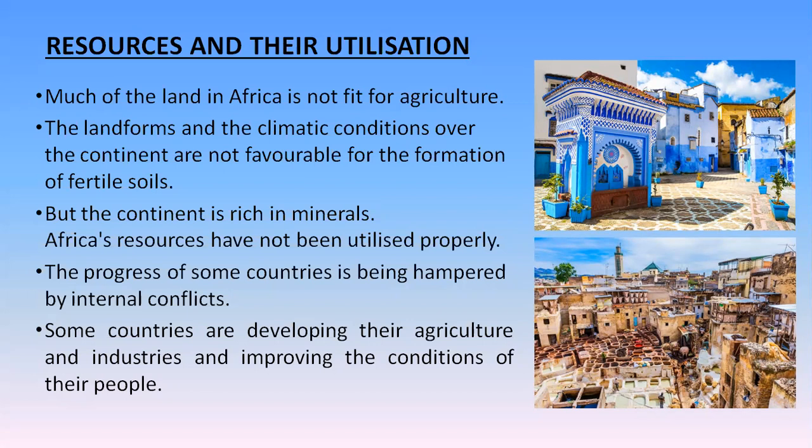You know that one part of Africa is the Sahara desert, and on the southern part there are other deserts, Kalahari and Namibia deserts. All these landforms and the climate condition, especially as this continent is in the tropical and temperate zone, with too much heat, are not favorable for the formation of fertile soil.